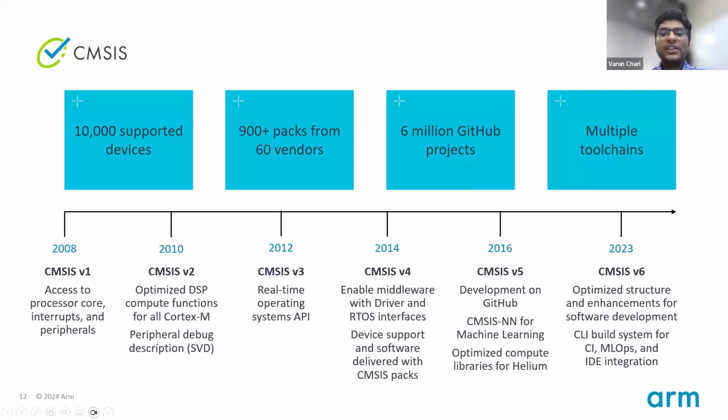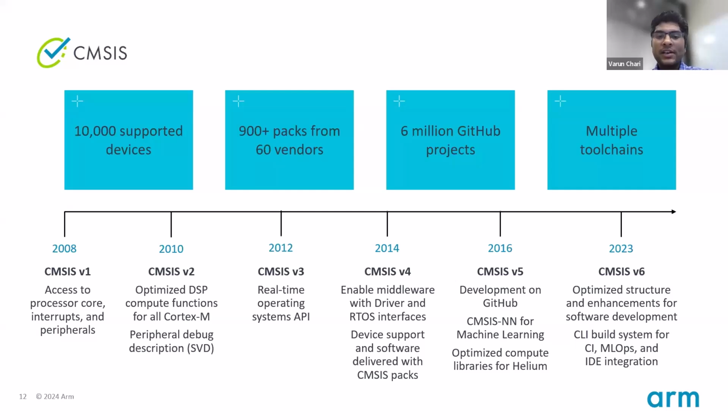Then as and when the industry demanded changes to these standards, we kept on evolving. In 2010, we had CMSIS version 2, which provided some optimized DSP compute functions for all Cortex-M cores. Then we had some debugging functionality added to it using peripheral debug descriptors.